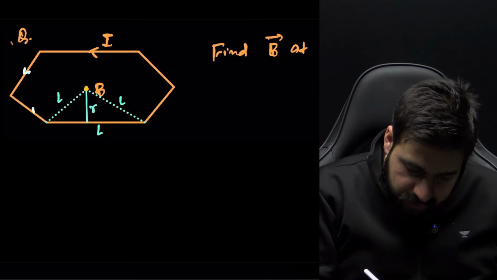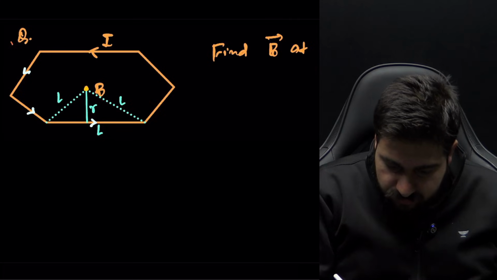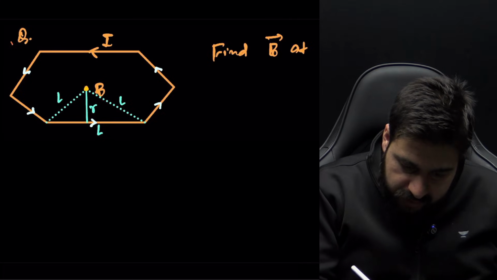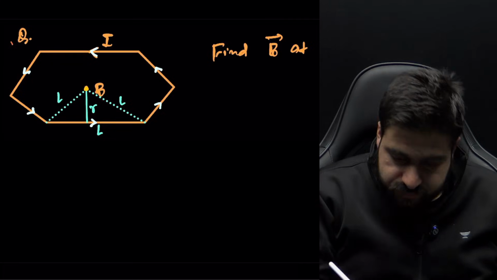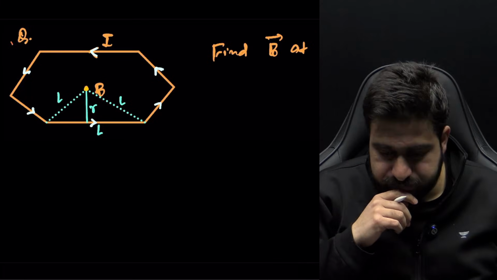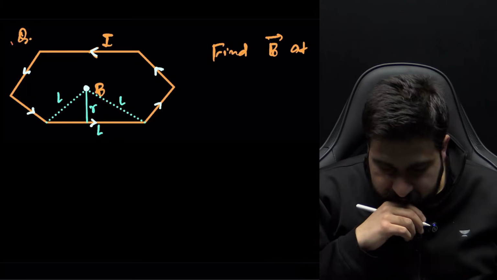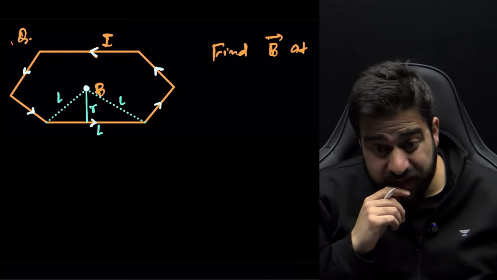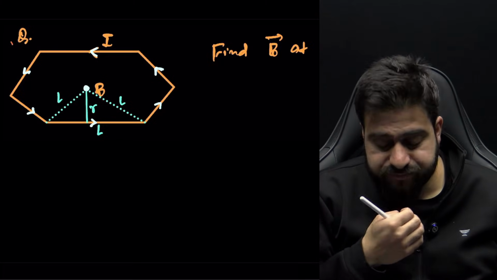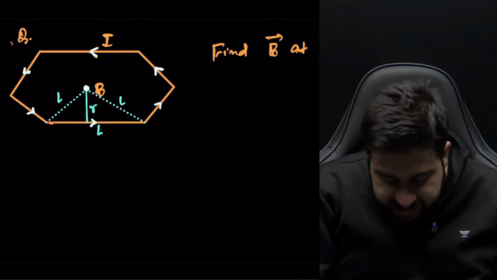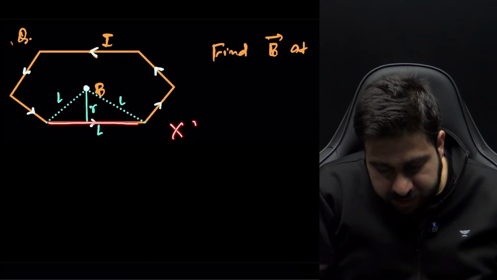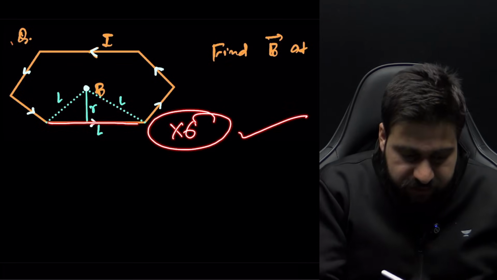So here the current flowing is I. This is a 6-sided hexagon. What I want you to understand in this particular case, my dear NEET aspirants, is what is the net magnetic field at the center? See, you find the magnetic field due to one wire, then multiply by 6, you'll get the net magnetic field.